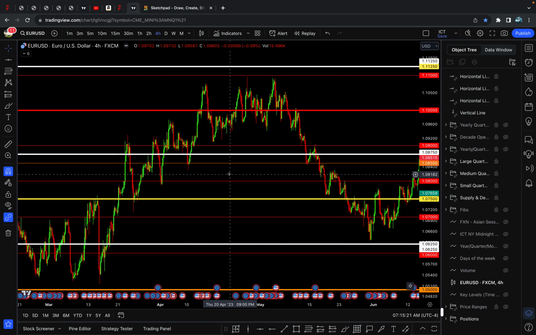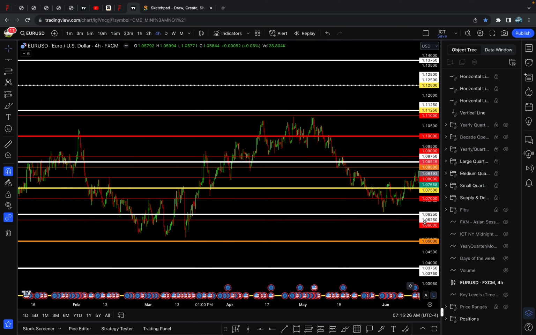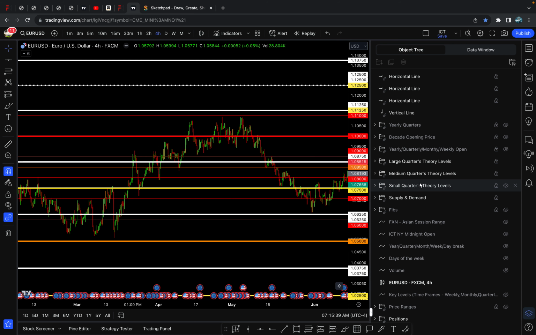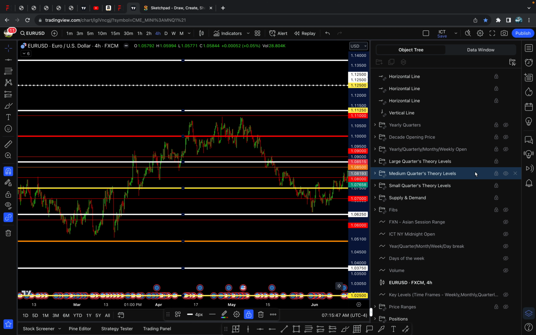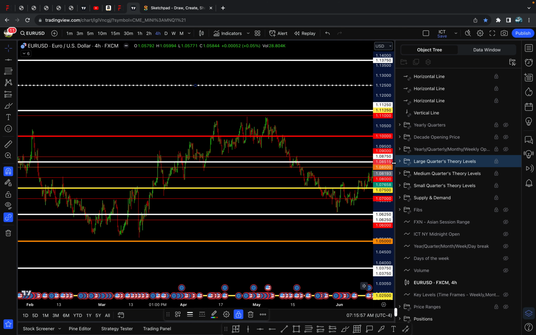In terms of quarters theory, I call the small quarters theory levels the 1000 levels. The medium quarters theory levels, I call the 10,000 levels. And the large quarter levels, I call the 100,000 quarters levels.